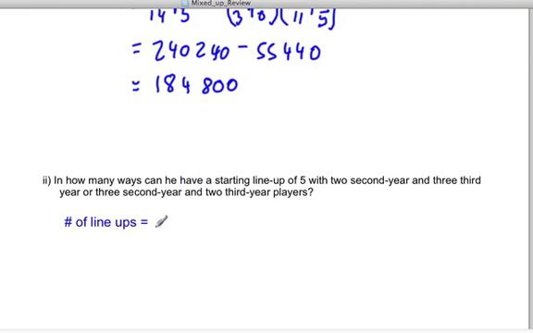So if we're going to use permutations, to pick 2 of the 5 second year players will be the permutation of 5 choose 2, and of our 6 third year players, we're going to take 3 to be the starting lineup.